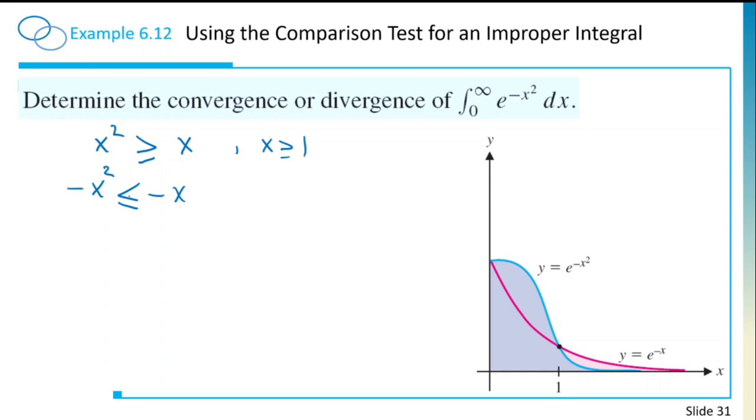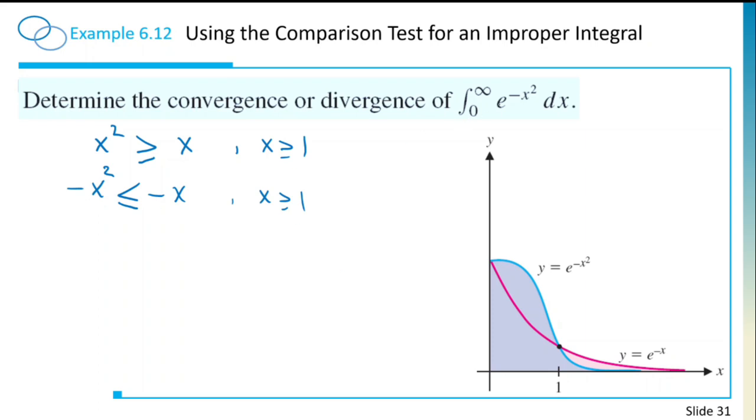If you multiply or divide by a negative number, you flip the inequality sign, or the same case as before when you take the reciprocal, if both of them are positive or negative, you also switch the inequality sign. These are the two cases where you switch the inequality sign. Again, this is for x greater than or equal to 1.